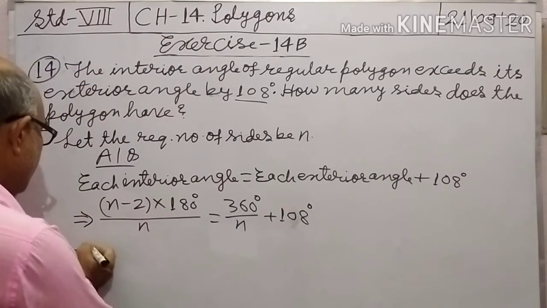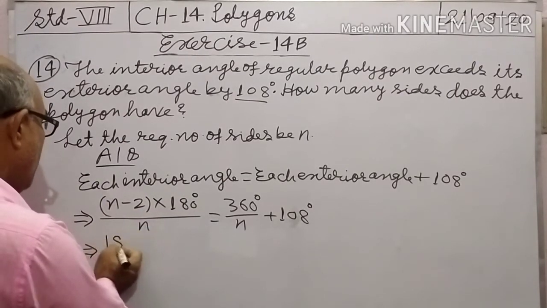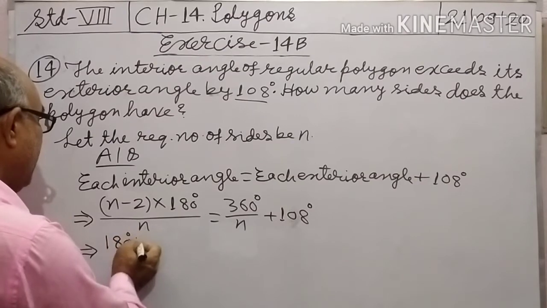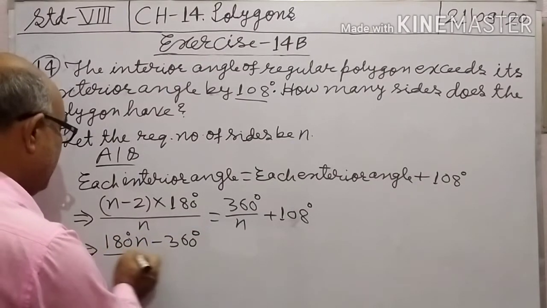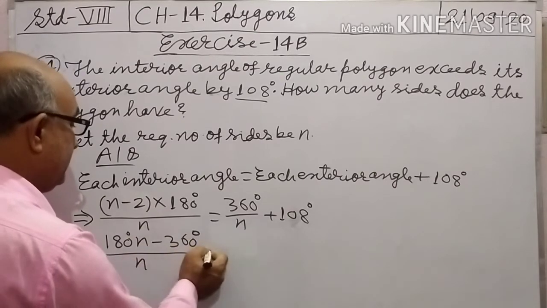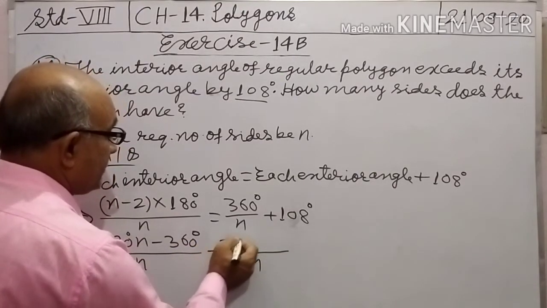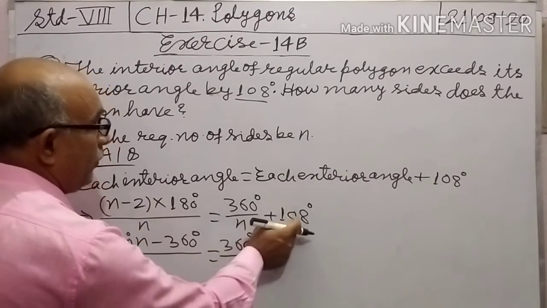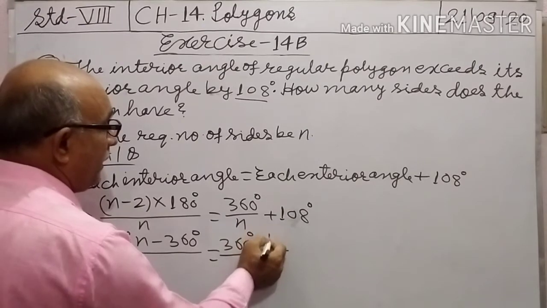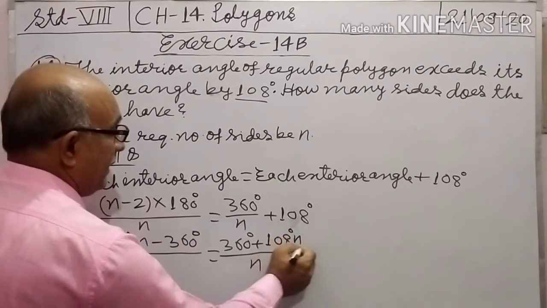Now next step is remove the bracket. 180 degree n minus 360 degree by n equal to, take an LCM n. So 360 degree plus 108 degree n.